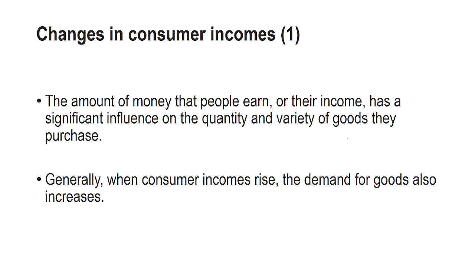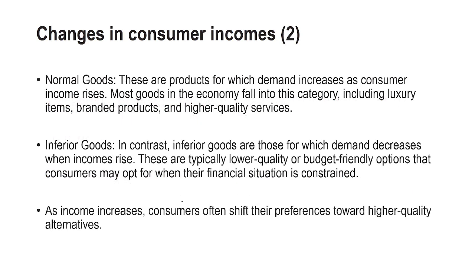Generally, when consumer income rises, the demand for goods also increases. Whenever your income rises, your demand also increases. But the relationship is a little more complicated, and it can be divided into two types of goods, normal goods and inferior goods. First, normal goods.